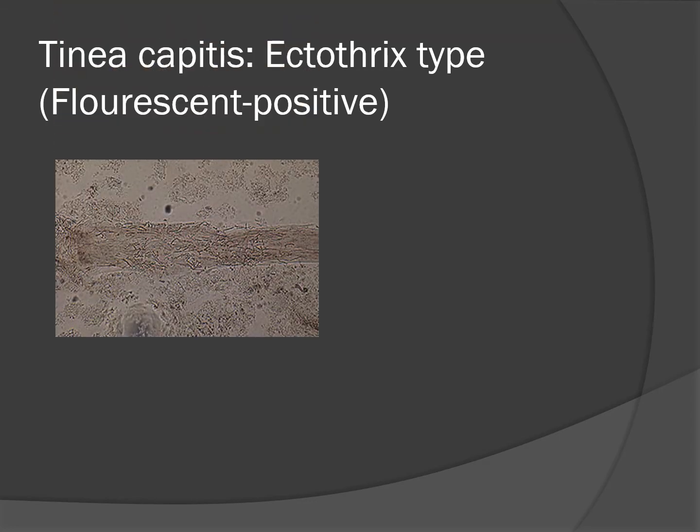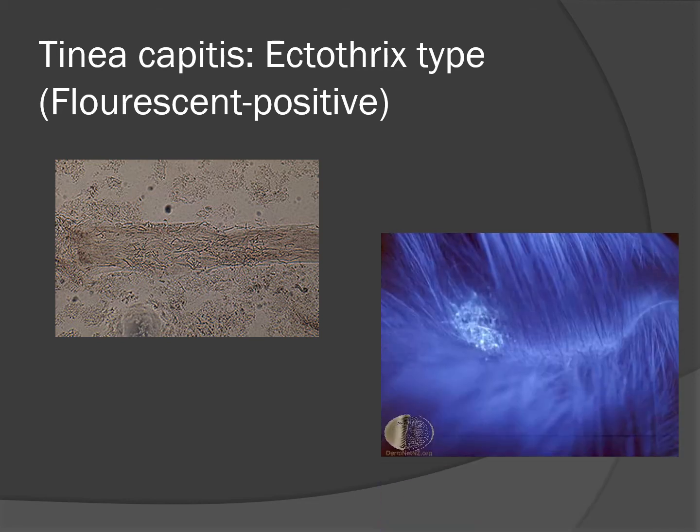In an ectothrix type of Tinea Capitis infection, the fungi tend to wrap themselves around the external or exterior part of the hair shaft. Thus, they are very accessible to the Wood's light. And when a Wood's light is used for its examination, it causes this yellow-green fluorescence on the scalp.